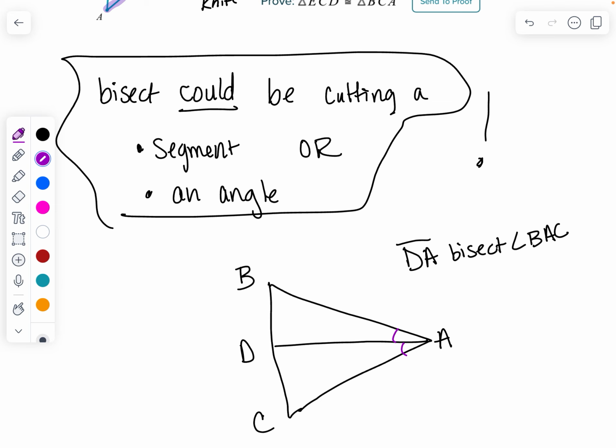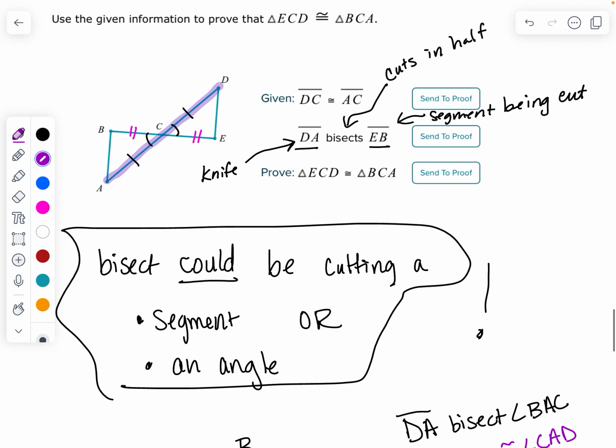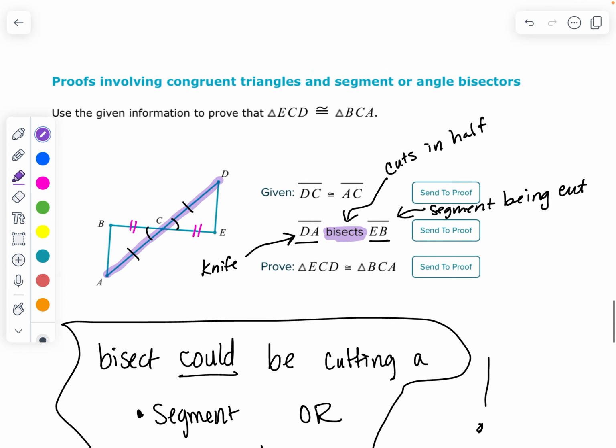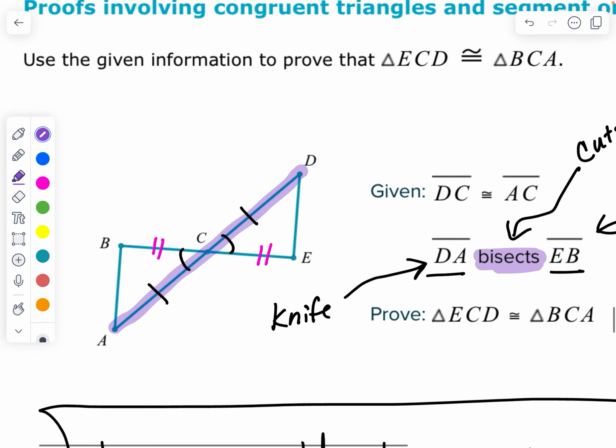And now you have to write out a statement that says something like angle BAD is congruent to angle CAD. Okay? This is a very different scenario to what's happening up here. So watch out for what's happening with that bisect word, because it does things. Okay, so that was a little tangent there, but I want you to be watching for that.